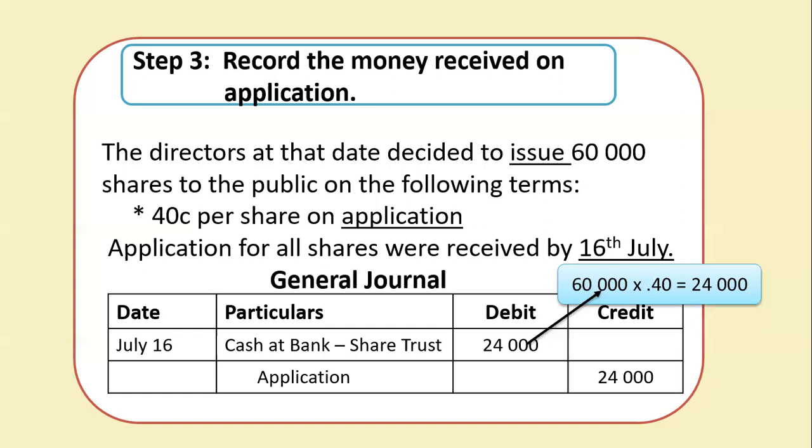So they put it aside in a temporary account in case some applications are not successful, and their money will be returned. So debit cash share trust 24,000 and credit application 24,000. That shows that the money is coming from application.